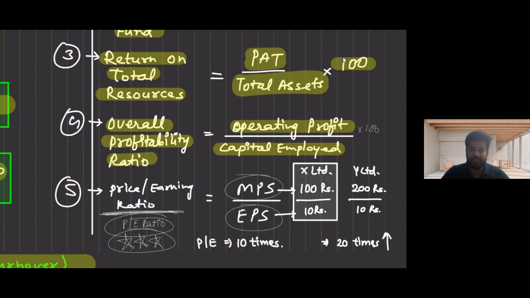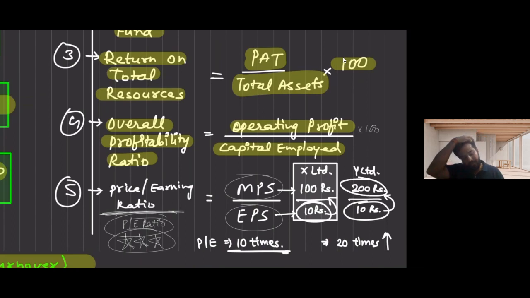The higher the price earning ratio, the higher the market price is compared to the earning per share. That is the number of times your market price is higher than the earning per share. So 10 times means that if I am earning rupees 10, my market price is rupees 100, while Y Limited is earning 10 and has a price earning ratio of 20 times, so its share price is rupees 200. So the higher the PE ratio, the higher the risk.